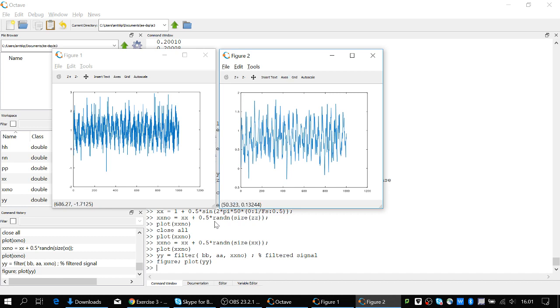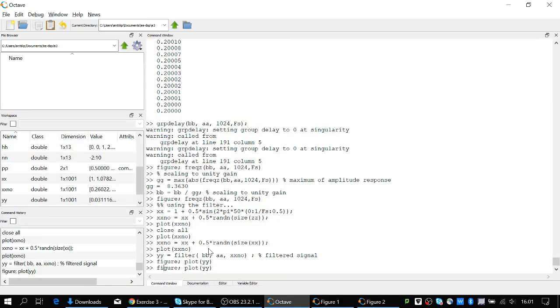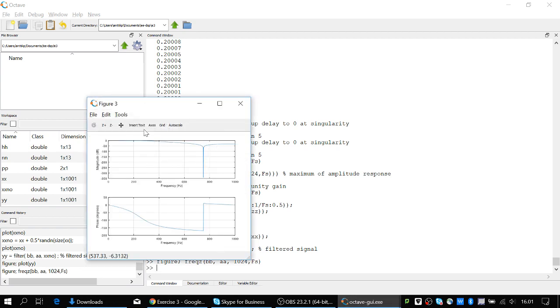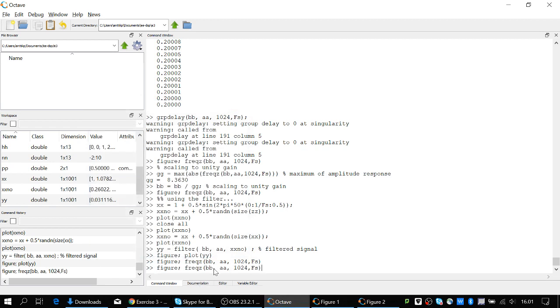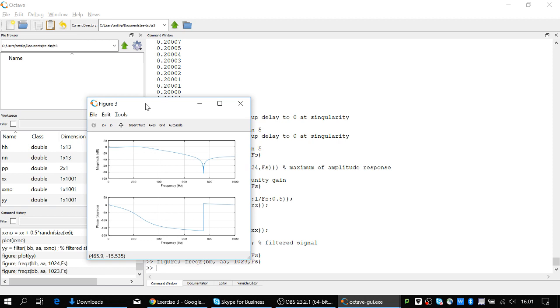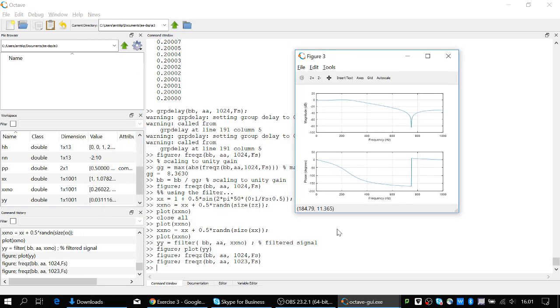When you take a look at the frequency response, maybe I should actually do this one on a different figure. Better. Nice trick. We expand the filter a little bit.